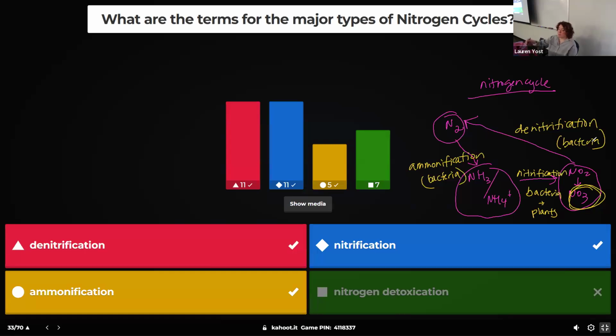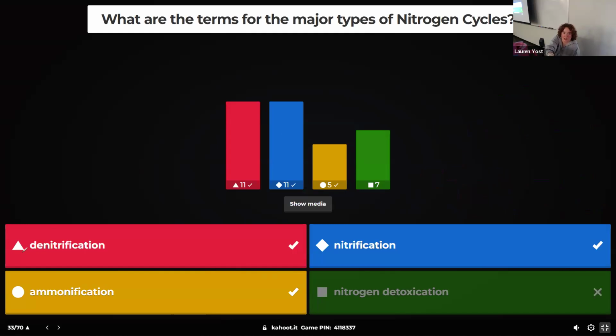And again, that's ammonia that bacteria can turn into nitrates that plants can use, for what it's worth, okay? But you're not going to be tested on that part, but you need to know that ammonification, denitrification, and nitrification are the steps that are involved in the nitrogen cycle, okay? Regarding microbes, nitrogen detoxification is not a word, not a thing.